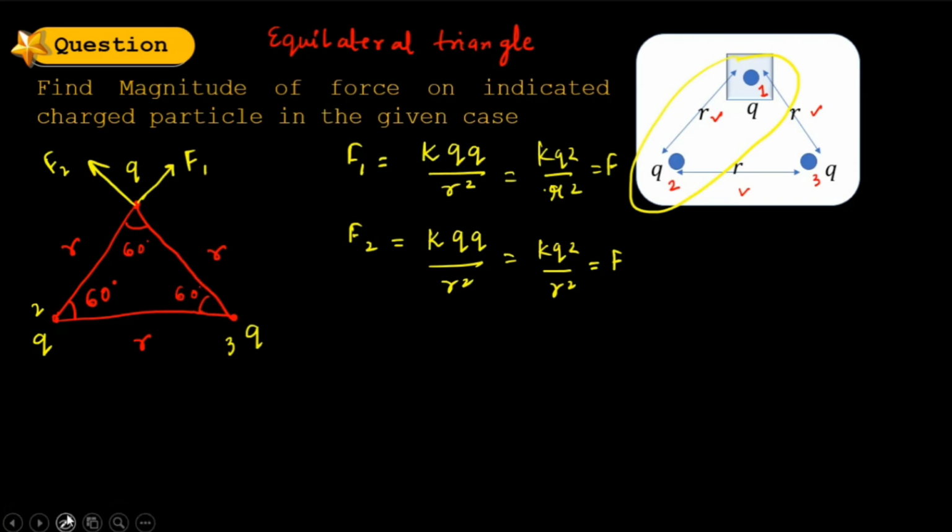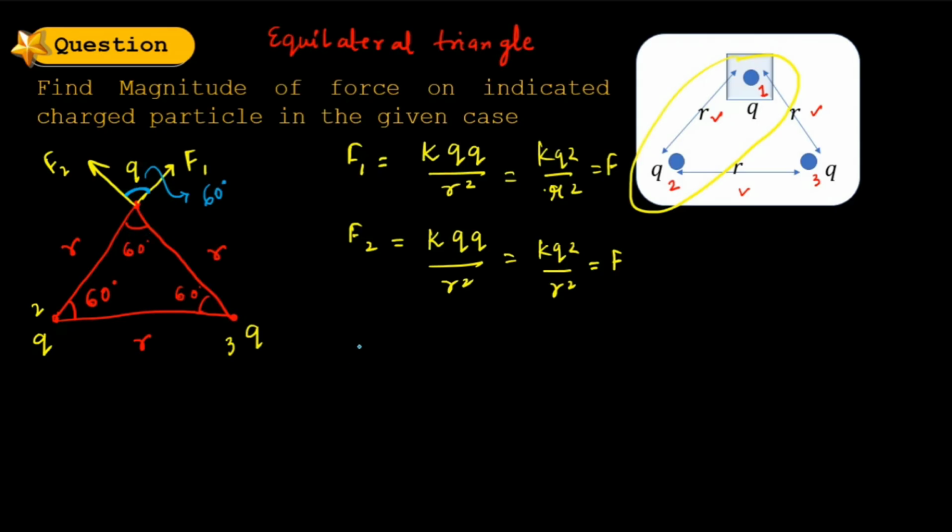Now just tell me what is the angle between these two forces, this angle. What is this angle going to be? Okay, 60. Yeah, 60. These are vertically opposite angles.